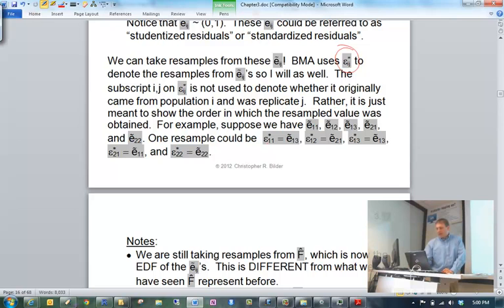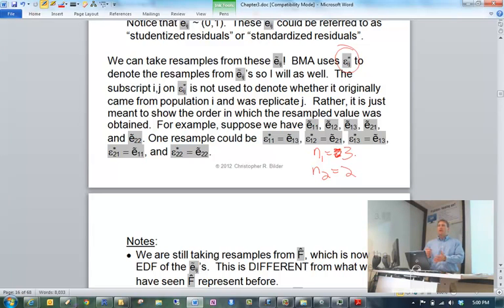So let's say that n1 is equal to 3, n2 is equal to 2. Okay, very small data. That means I have E tilde 1,1, E tilde 1,2, E tilde 1,3, E tilde 2,1, E tilde 2,2.